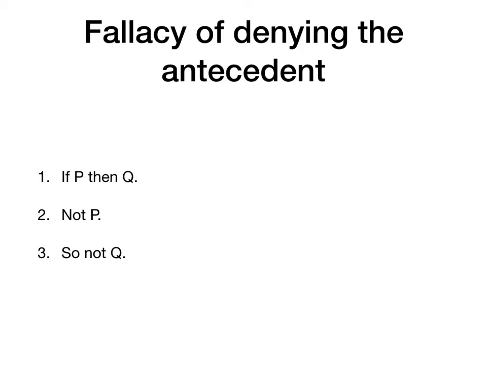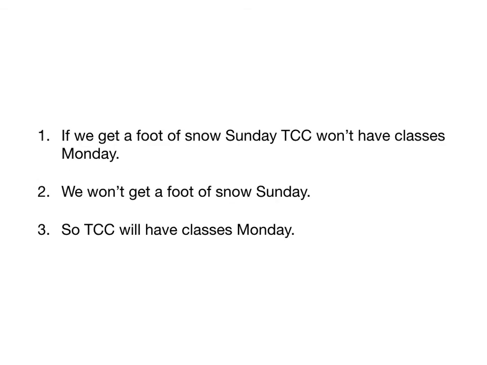Well, you guys might think that's bewildering. That might seem super abstract to you. Let's make it clear with a couple of examples, right? If we get a foot of snow Sunday, TCC won't have classes Monday. We won't get a foot of snow Sunday, so TCC will have classes Monday, right? Look, remember, a valid argument is one where if the premises are true, the conclusion can't be false.